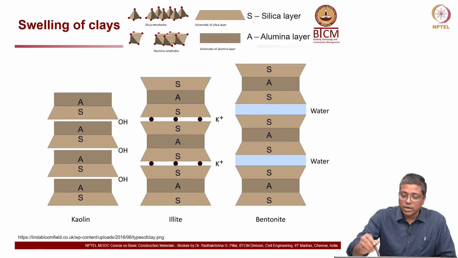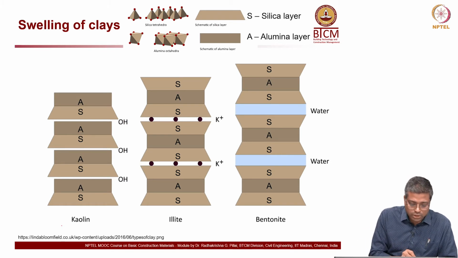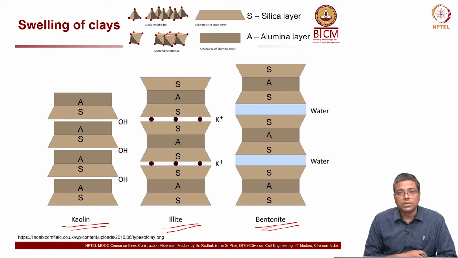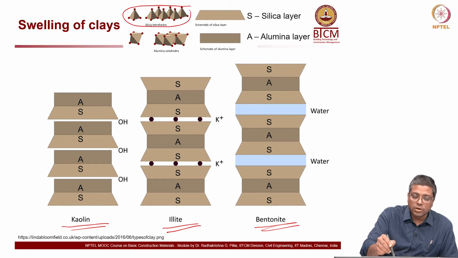Okay. So here this is a typical clay structure. I am showing three types of clays: kaolin, illite and bentonite, the three major types of clays which are used. And what is clay? It has silica tetrahedra.